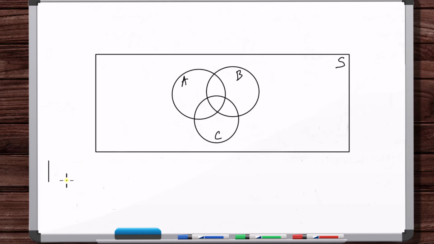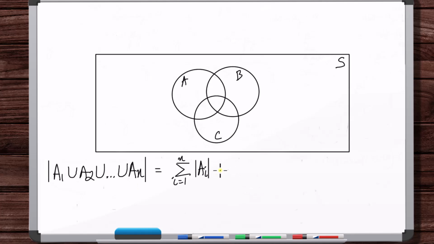The number of elements in A1 union A2 union A all the way to AN is going to be equal to, first, the sum from i equals 1 to N of the cardinality of all of the AIs. So the number of elements in A1 plus the number of elements in A2 plus A3 plus A4 all the way to AN.